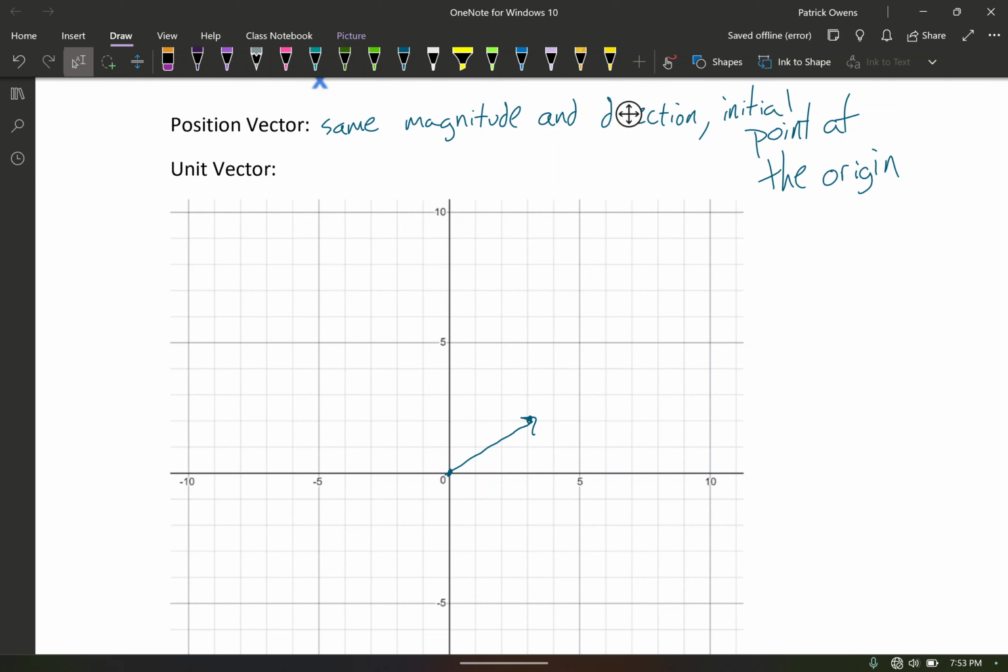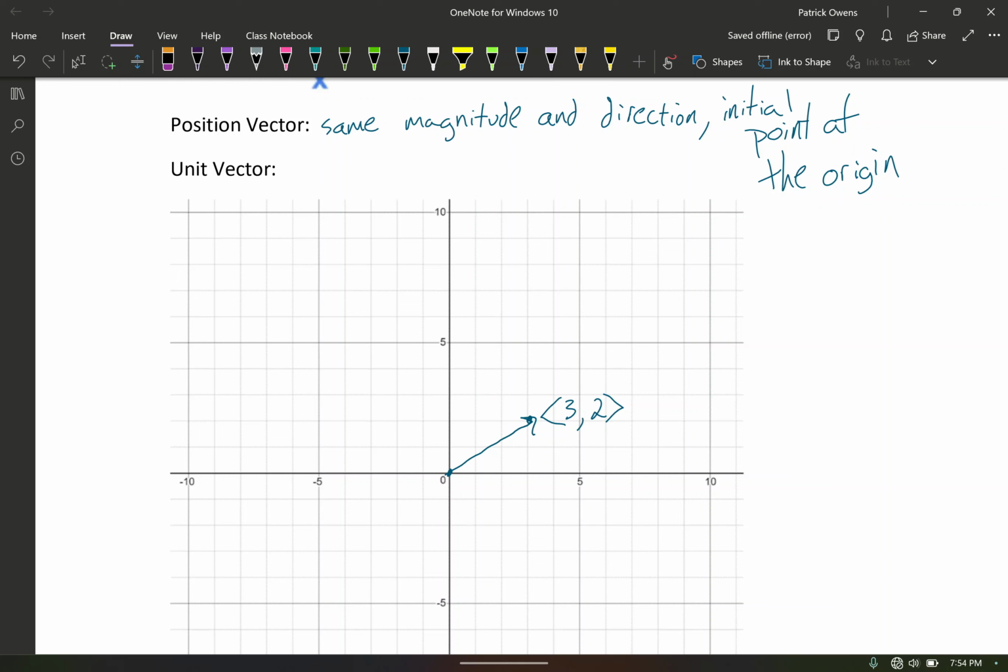And that is going to help us when we're working with different vectors, like when we have multiple ones in some application problems, and will also help out because we can refer to this vector as our horizontal component of 3, because we go 1, 2, 3, and then our vertical component of 2. So we can refer to this as 3, 2, even though it started up here. It's going to be a lot easier to work with as 3, 2.